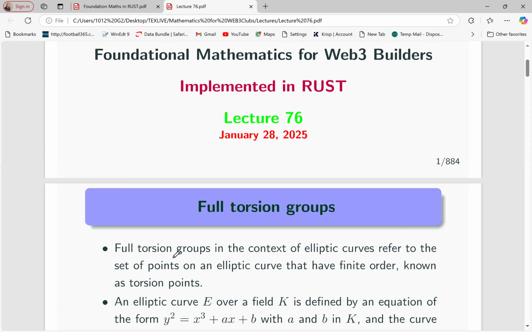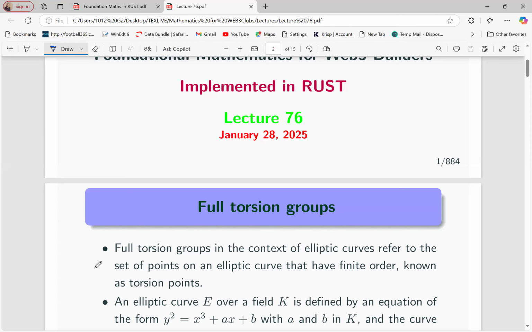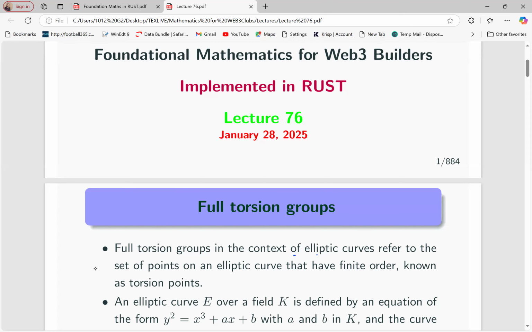So of course, I've said that full torsion groups in terms of the elliptic curves are just a set of points on the elliptic curves that have finite order. And so these points we shall call torsion points.